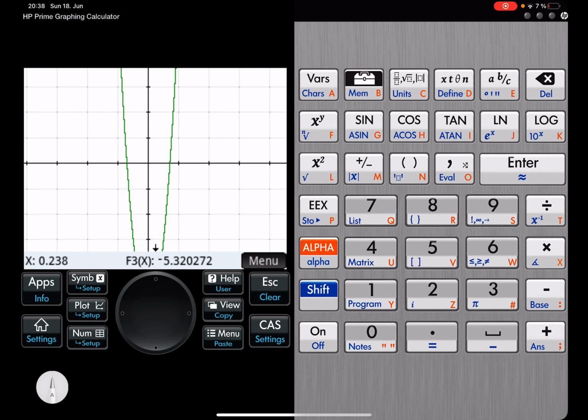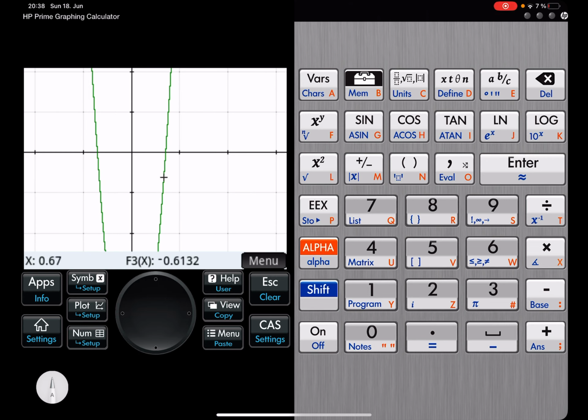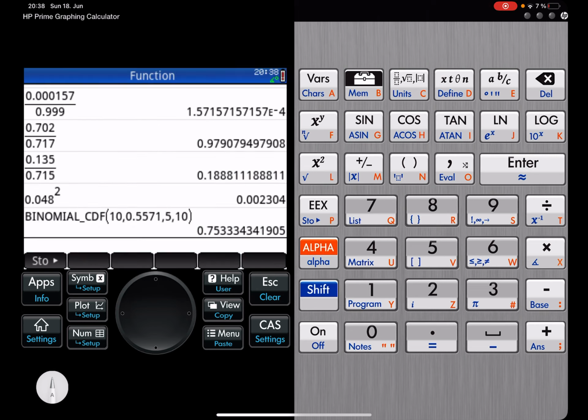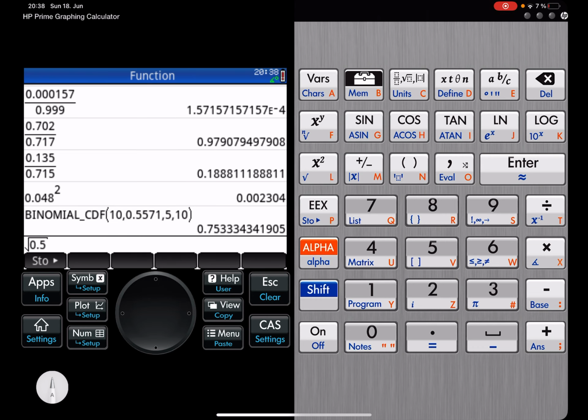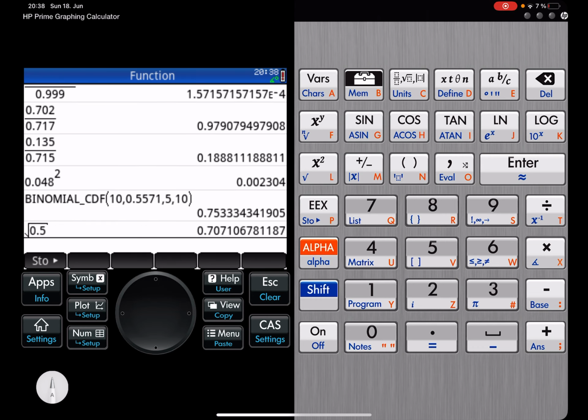Okay, so now I want to know where this function is at 0, because this is telling me where the concavity is neither up nor down. So there we go, 0.707, which is the same as the square root of a half. Let's just check. Square root of a half, 0.707.